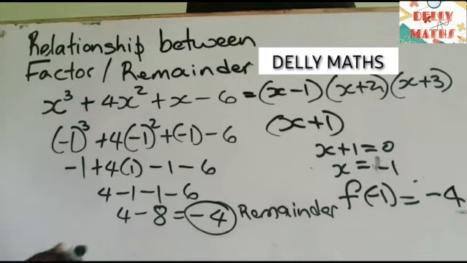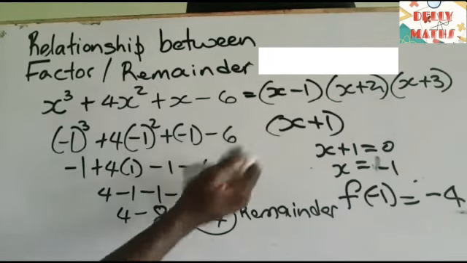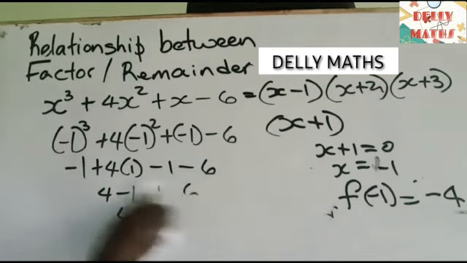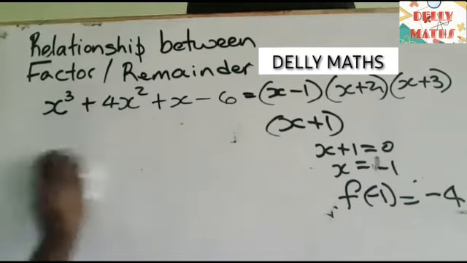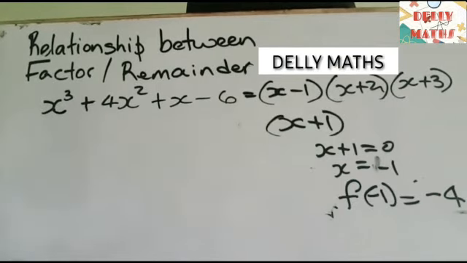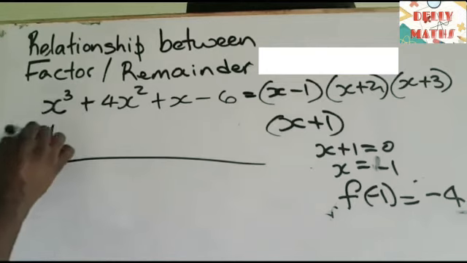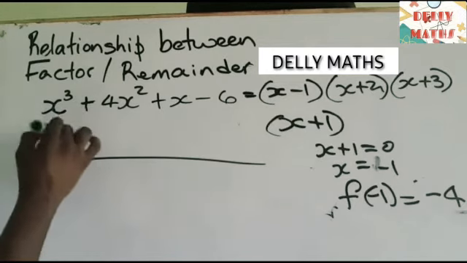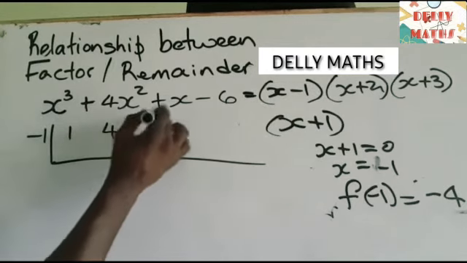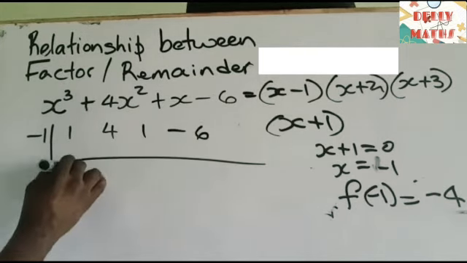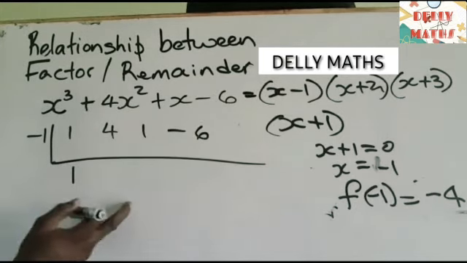What I'm going to do quickly is divide x plus 1 into the polynomial using synthetic division. If I'm using synthetic division, I'll be using negative 1 there. This is a 1, this is a 4, this is a 1, this is a negative 6. I bring down the first 1. Then we multiply, then add.